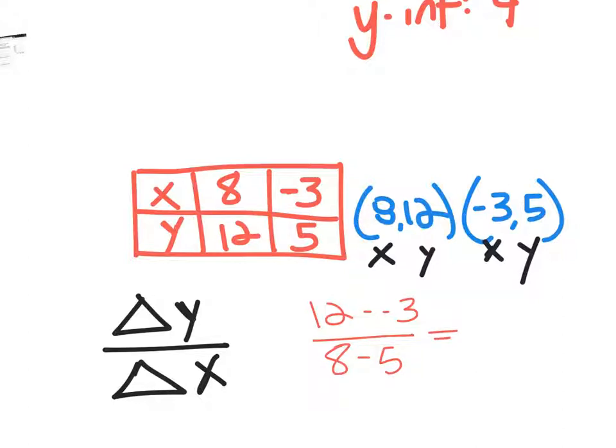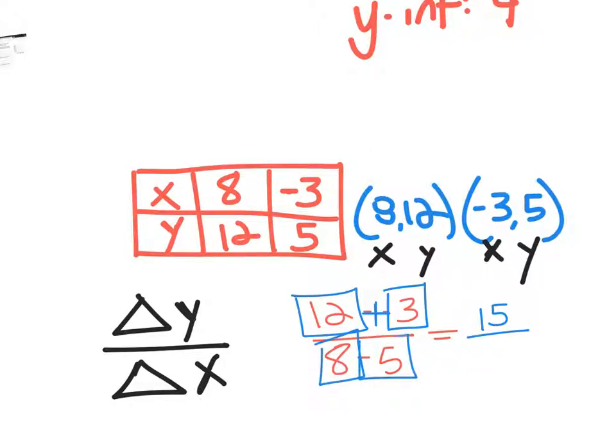Okay, if we do this properly, remember this part right here, we have 2 negatives. If you remember from Mr. Holland's class, when they're right next to each other, you are going to make it a plus. So you're going to get 15. 12 plus 3, that's peace, right? They're both the same, they're both positive. And then 8 and negative 5, that's war. The positive 8 is going to win by 3. You're almost done. 15 over 3 can be reduced to 5 over 1, or just 5.